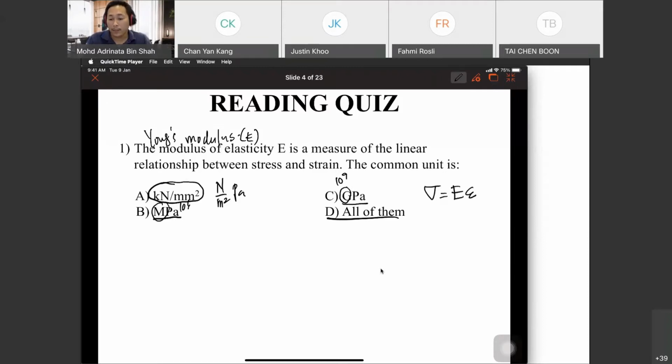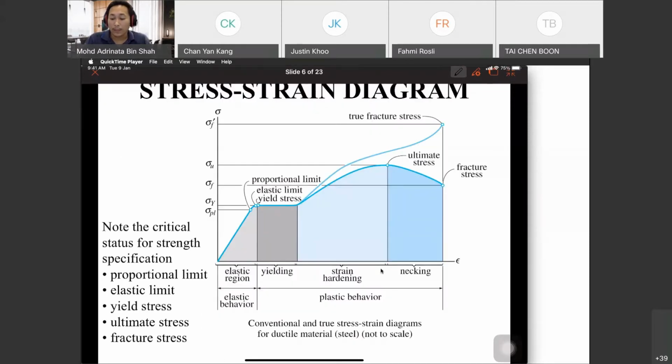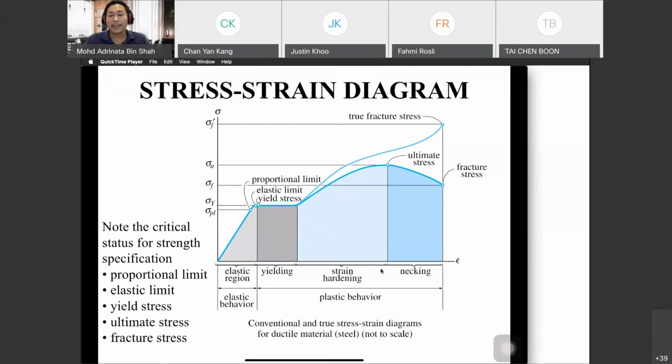Okay, now we will look and I will explain. This is the application, and this is the stress strain diagram that I talked about so many times for this chapter and for the previous chapter.